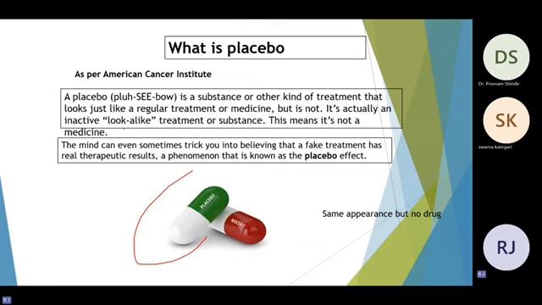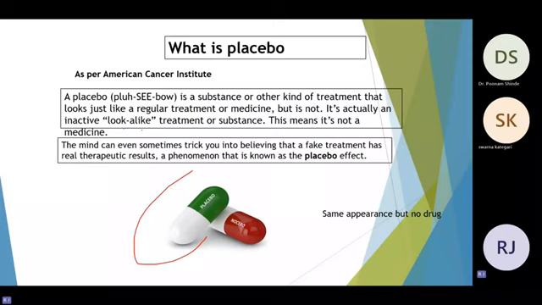For some subjects we will give the placebo, for some subjects we will give the actual treatment. Then we'll try to measure the real outcome. That's why we use placebo in a clinical trial. When I teach you about trial design, like blinding, masking, randomization, and treatment arms, you will have a better understanding of why the placebo is there.